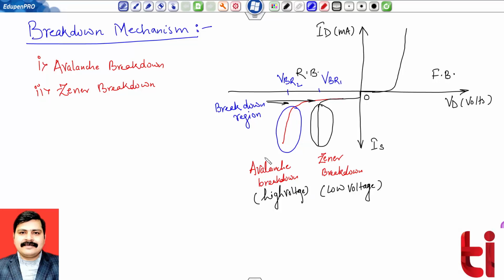In order to have this Avalanche breakdown, there is another requirement that the doping profile of the p-type and n-type semiconductor should be low.